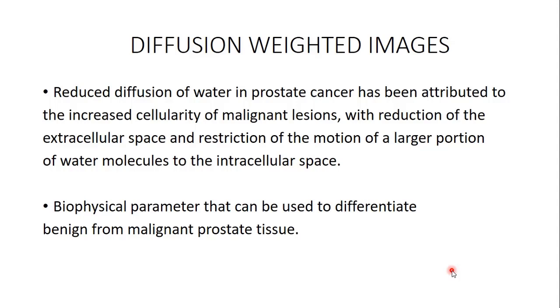So there is a decrease in extracellular space. As a result, there is reduction in the motion of water molecules. This method is used for detection of prostate cancer. Diffusion weighted images provide a quantitative biophysical parameter that is used to differentiate benign prostate disease from malignant prostate tissue.